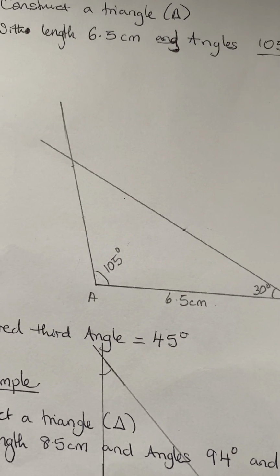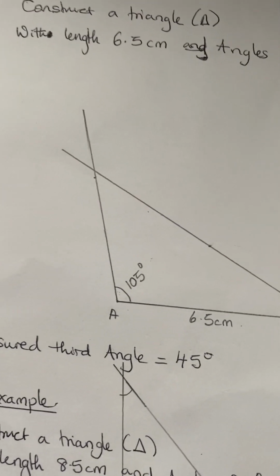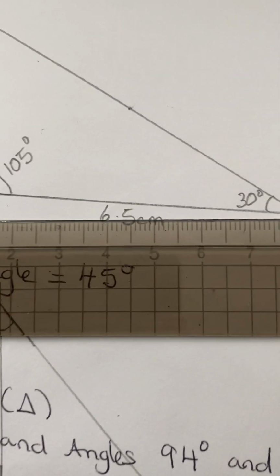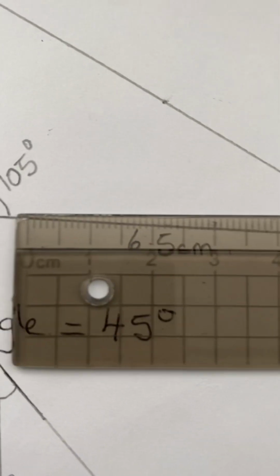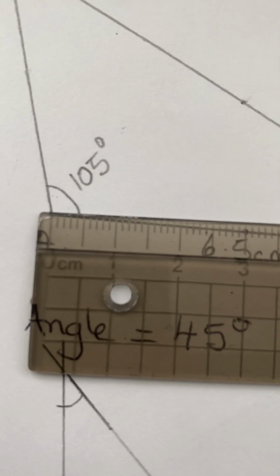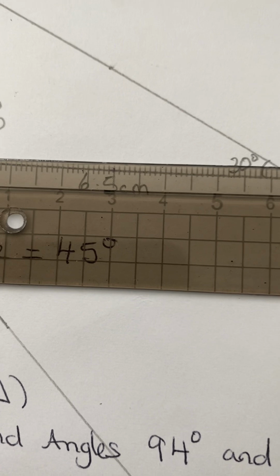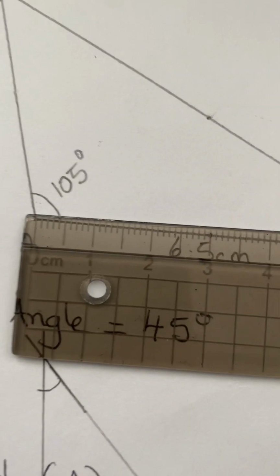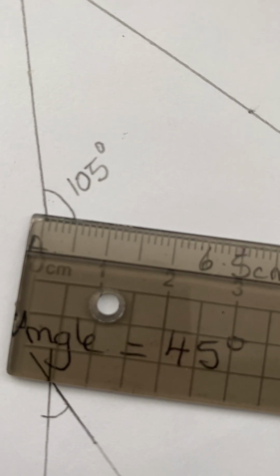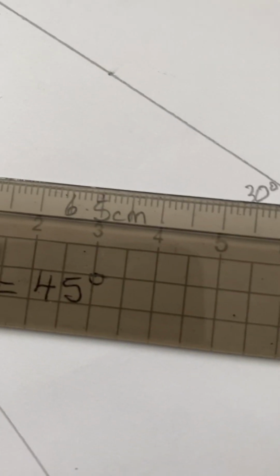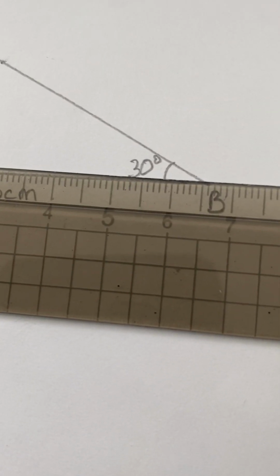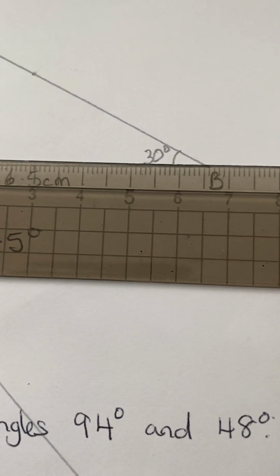So my line should be 6.5 centimeters. First of all, I'll draw the line here. If you use your ruler from the 0 mark there, that is 6.5.